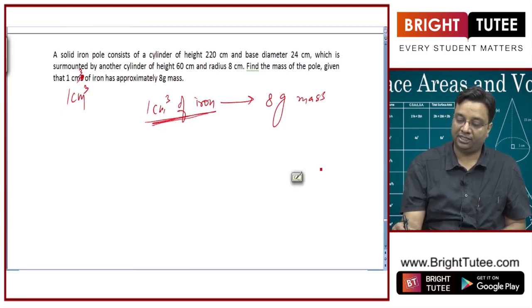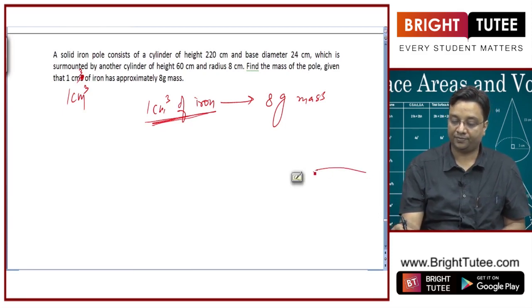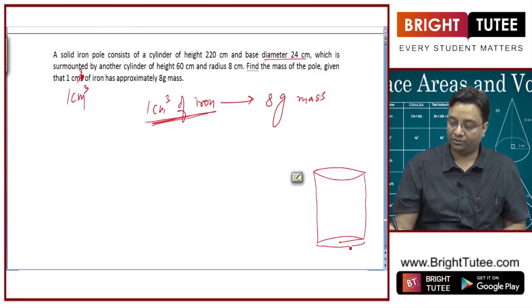So what is the shape of this iron pole? There is a cylinder. The dimensions are 24 is the diameter, so 12 is the radius in centimeter. What is the height? It is 220 centimeter.